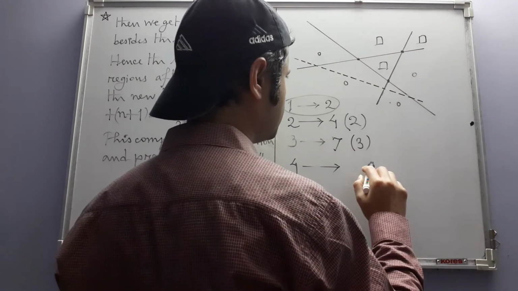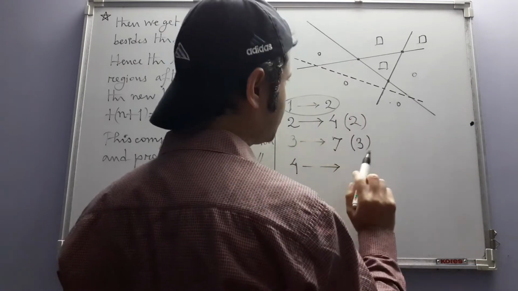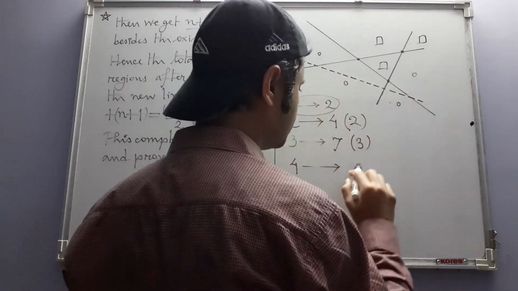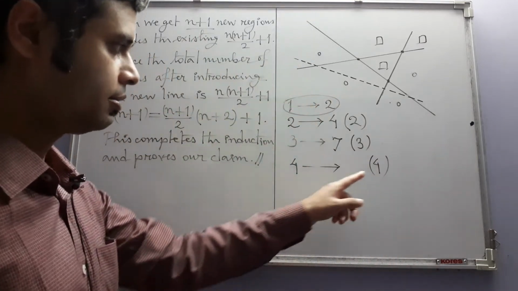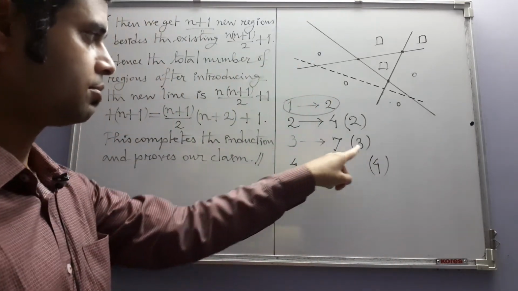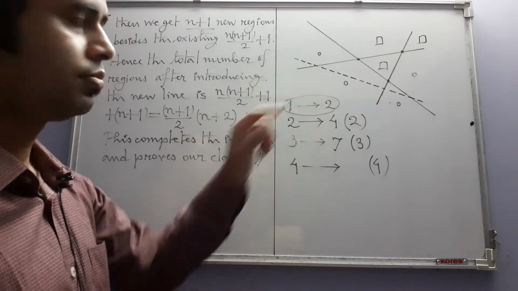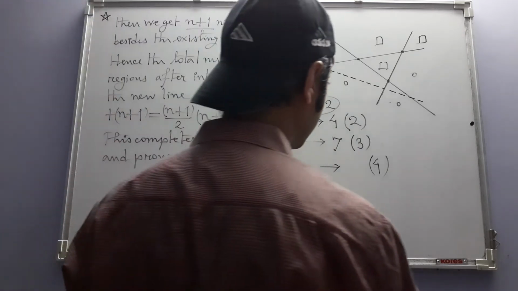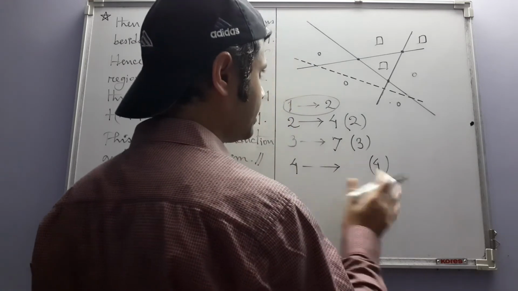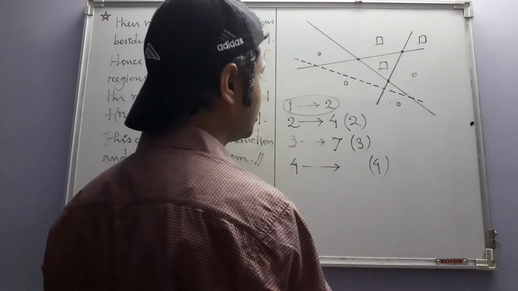So here the number of affected regions is 4. So you can see that this number matches with this number, the number of affected regions. Okay. And what is the actual number here now?